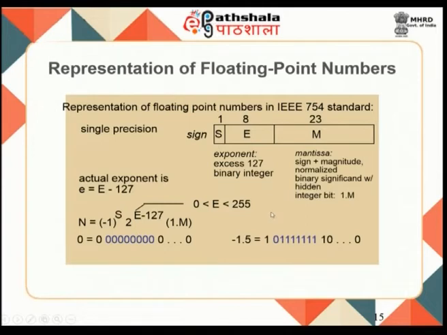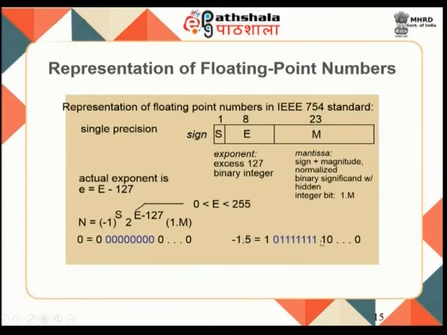So, if you have to represent a number like minus 1.5, how do you represent this? Minus 1.5, you know the sign of the number is negative. So, you have 1 which indicates the sign bit as negative. This is 1.5 in decimal. So, when you convert it into binary, 1 is converted to 1, and 0.5 is going to be converted this way.